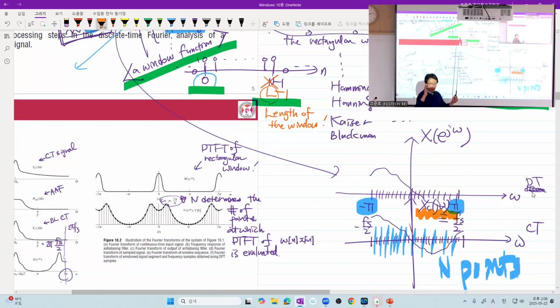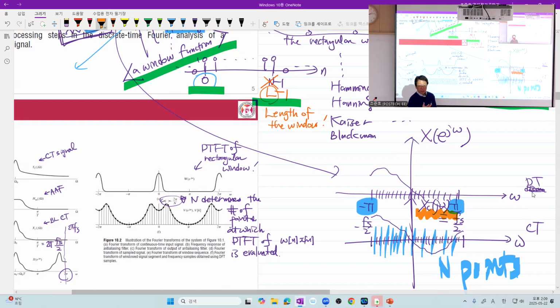And with that sampling frequency, when you multiply the sampling function, you remember what the sampling function is. It's a kind of fictitious signal consisting of delta functions equally spaced with capital T sub s in this case, right? And if you multiply this sampling function to x sub c, what happens?